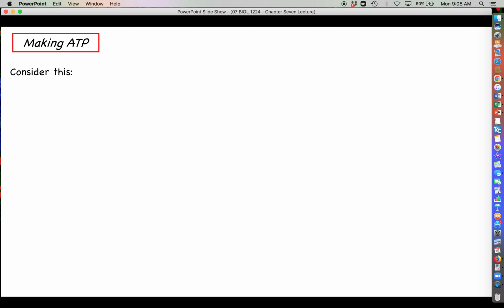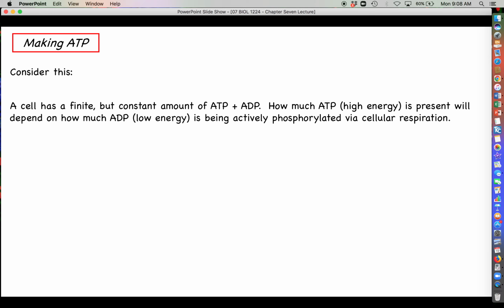So when we're making ATP during cellular respiration, we have to consider the cell has a finite, limited supply, but a constant supply of ATP and ADP if you pool them together and consider them the same thing.